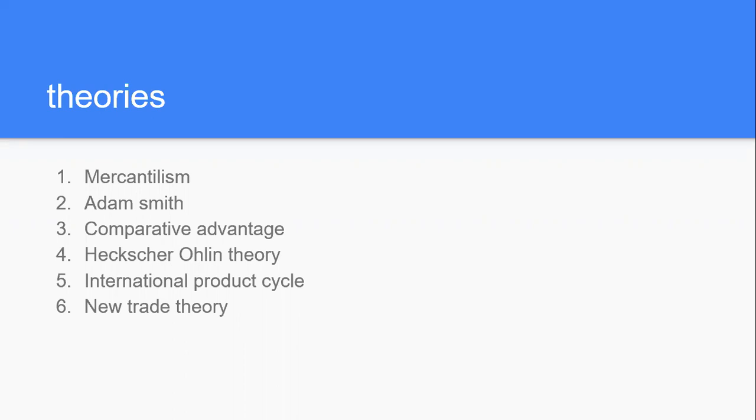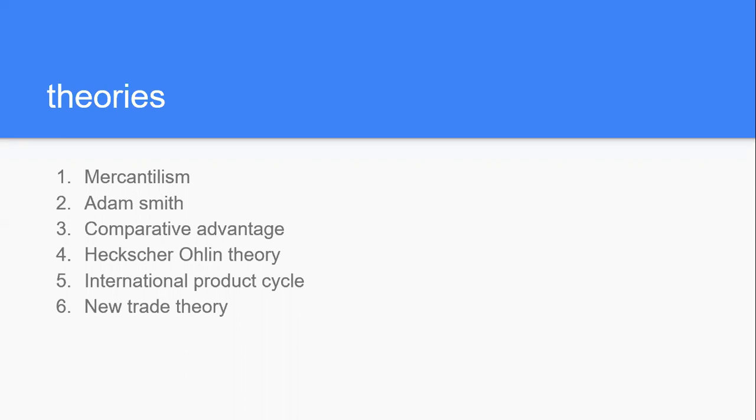In Michael Porter's model, he developed four major attributes of why a given nation may have high performing industries compared to other nations.